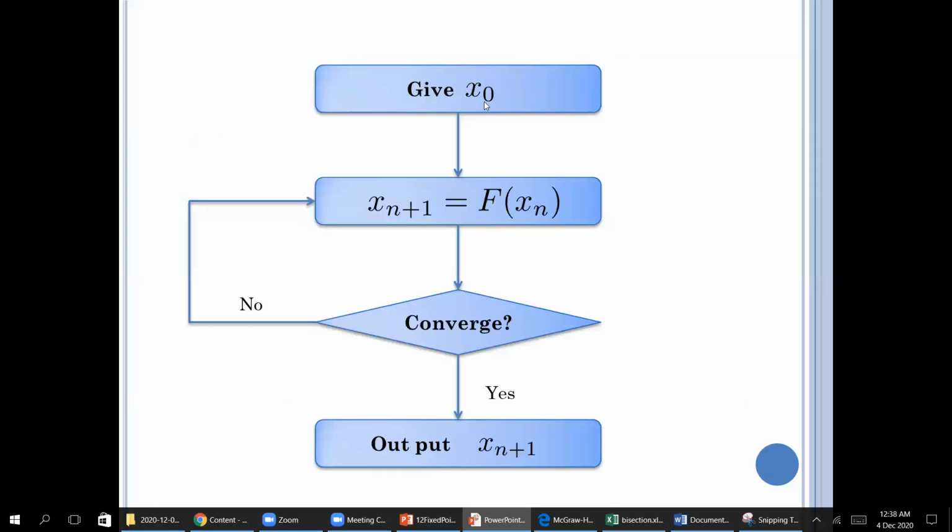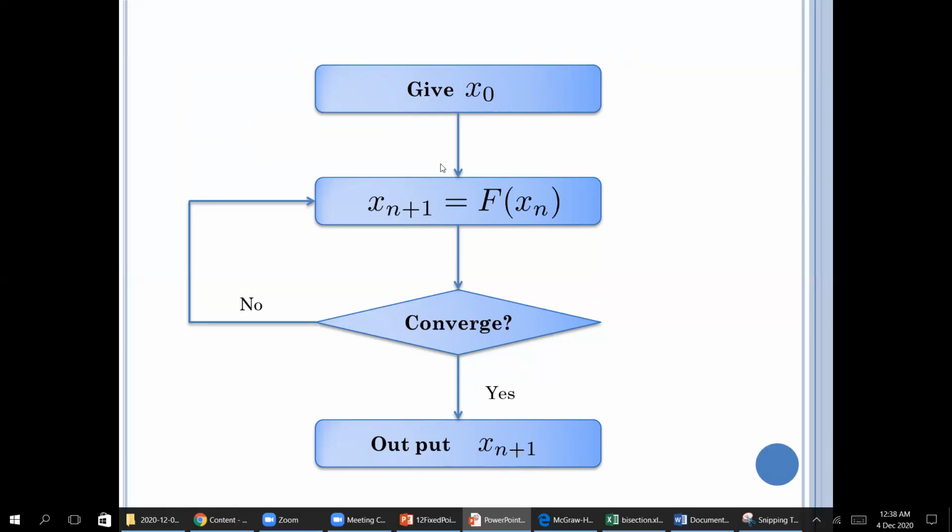So given x0, the guess, we have the equation, so solve, and then check if the error is below or equal to the acceptable error. If not, you substitute the new x into our equation and solve again for the error, and then you repeat this until you get the desired error.